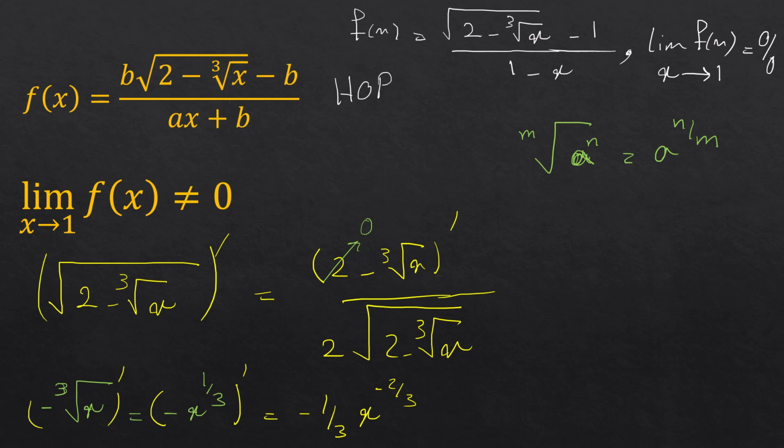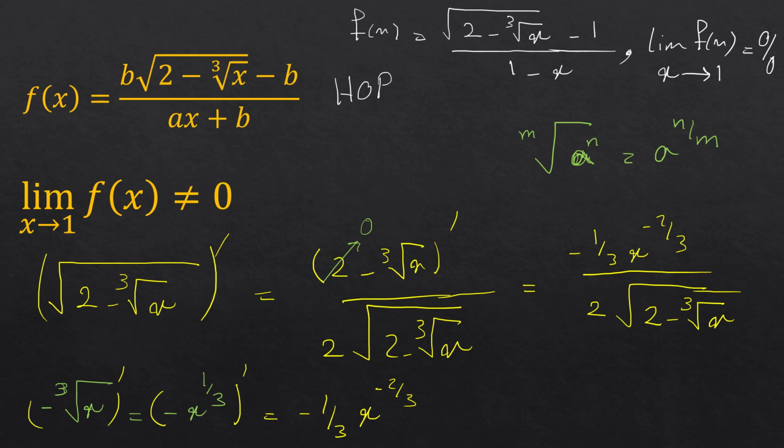And that means this equals minus 1 over 3 times x to the power of minus 2 over 3, divided by 2 times the square root of 2 minus third root of x.